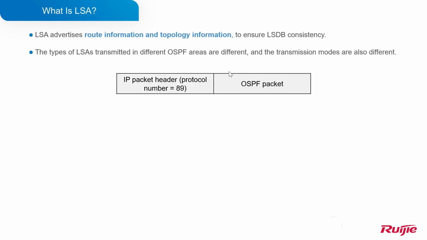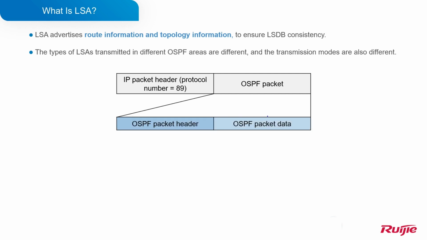Now we will see the encapsulation of LSA information in our packet. Here we can see the IP packet header and the OSPF packet. If we capture the packet and look at the network layer, we can see the protocol number parameter; the value is 89. The OSPF packet has two parts: first the OSPF packet header, and second the OSPF packet data.